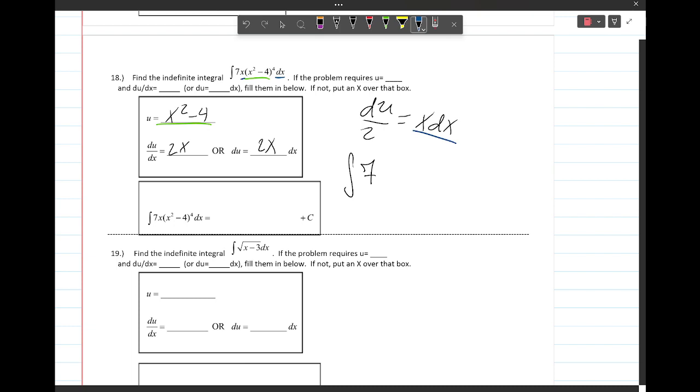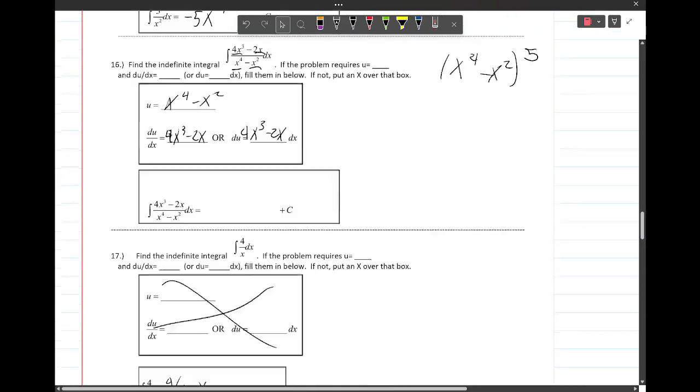It's the x, and the dx is getting replaced by du over 2. U to the fourth du divided by 2. Now this is a simple power rule problem. Fifth divided by 5. Substitute in, don't forget plus c. Substitute in terms of x.